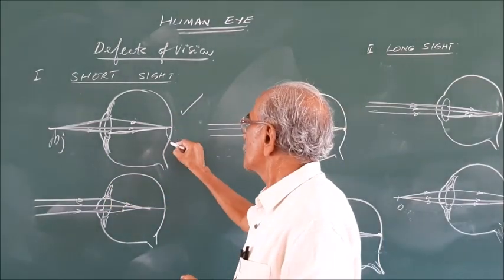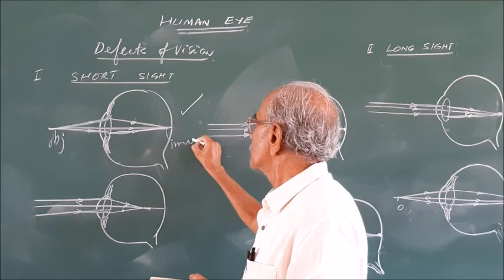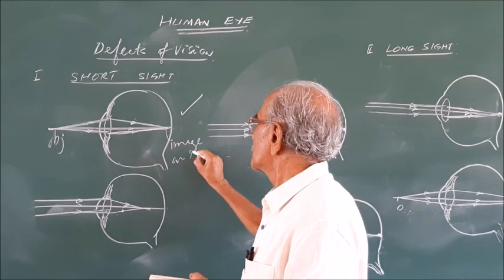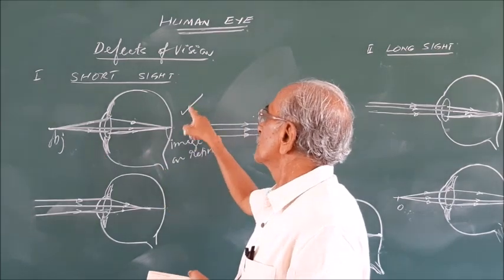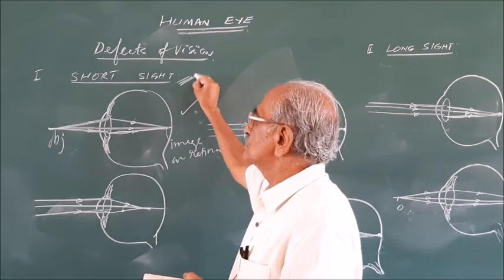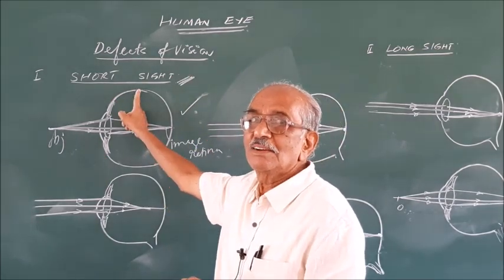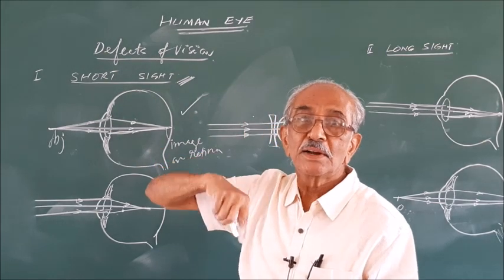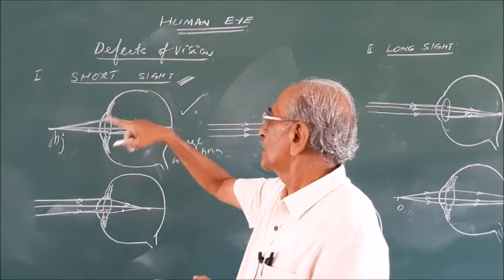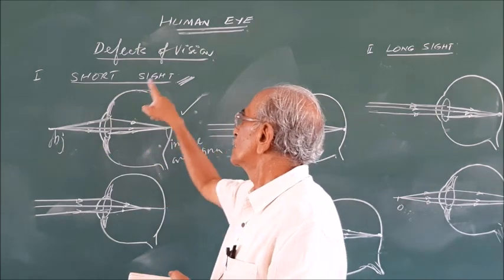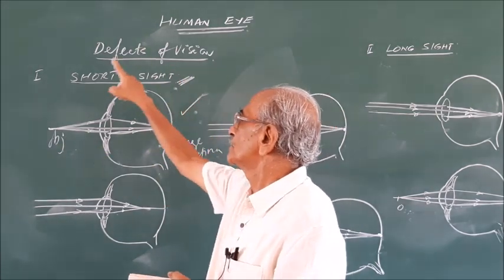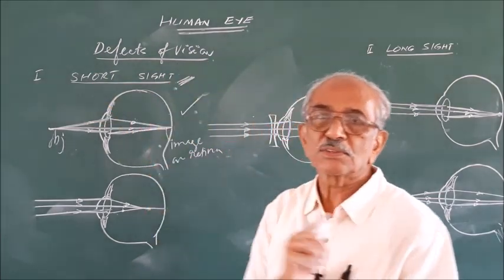The image is formed on the retina, therefore this object is visible. So that is the short sight. It is not a defect here. Now that is the merit, the ability that we have. We are able to see objects at short distances.